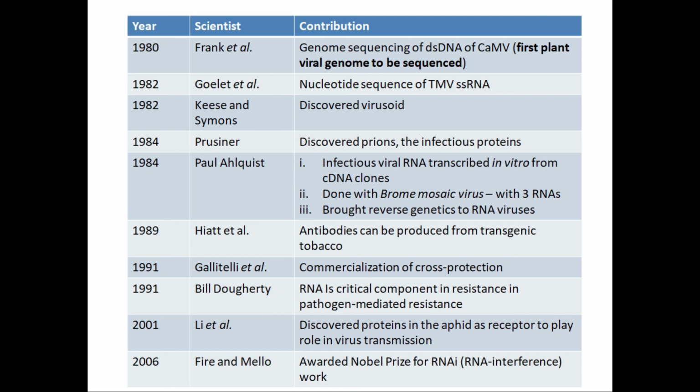Discovery of proteins in the aphid as receptor to play a role in virus transmission. Then getting the Nobel Prize for RNAi or RNA interference work. So these are some major developments that happened in the subject plant virology.